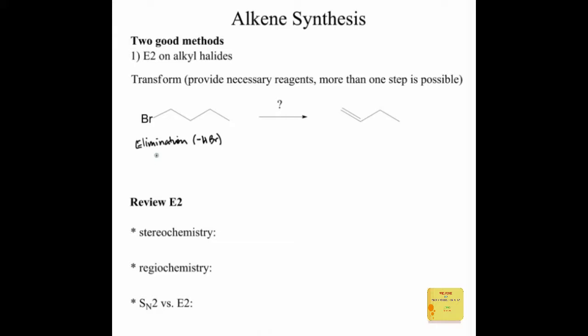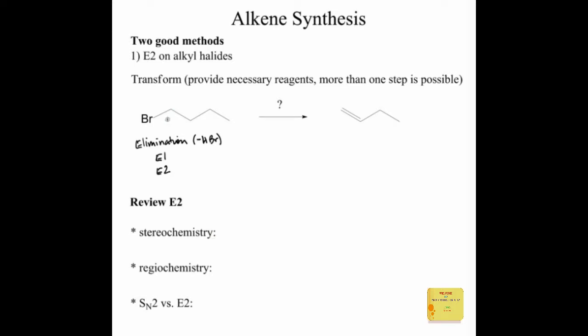We have 2 choices. It could be either an E1 elimination or an E2 elimination, and some might be more suitable. Let's think about an E1 elimination. That was the multi-step elimination mechanism. It started by loss of a leaving group to form a carbocation. So carbocations are involved in the E1 mechanism.